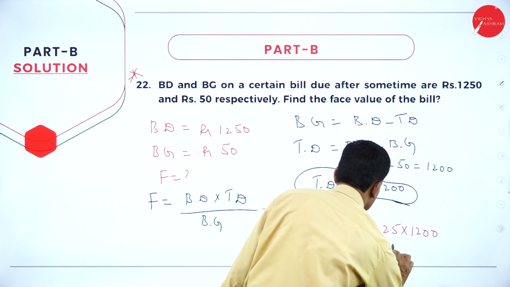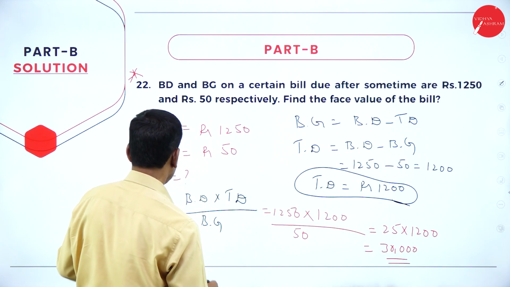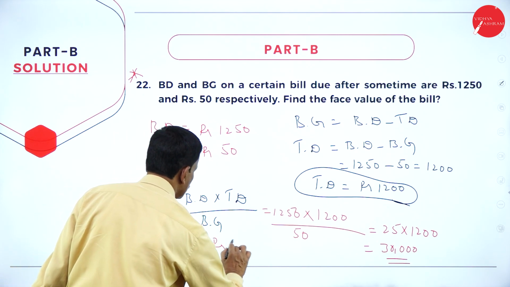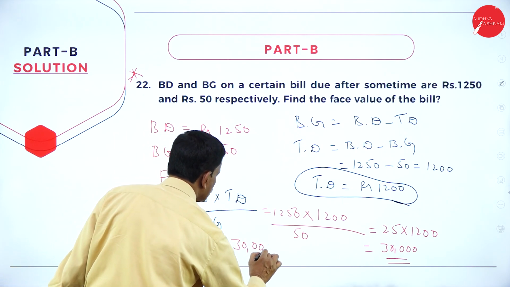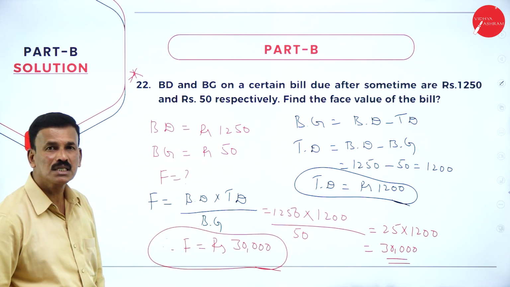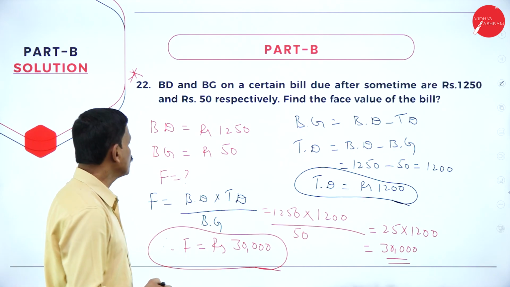That's it. So therefore the face value of the bill is F equal to rupees 30,000. Now move on to the next problem.